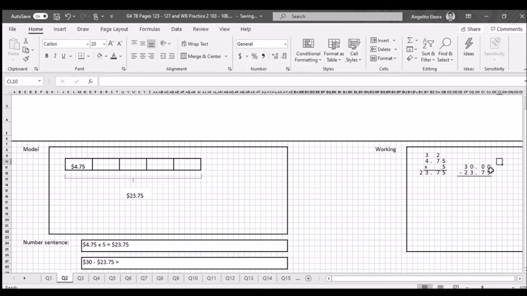So 5 minus 0, we can't do it. So we have to regroup all of this, one by one. Since this one is 0 and this one is 0, we will regroup the digit in the tens place. So 3 will become 2 and this will become 10.